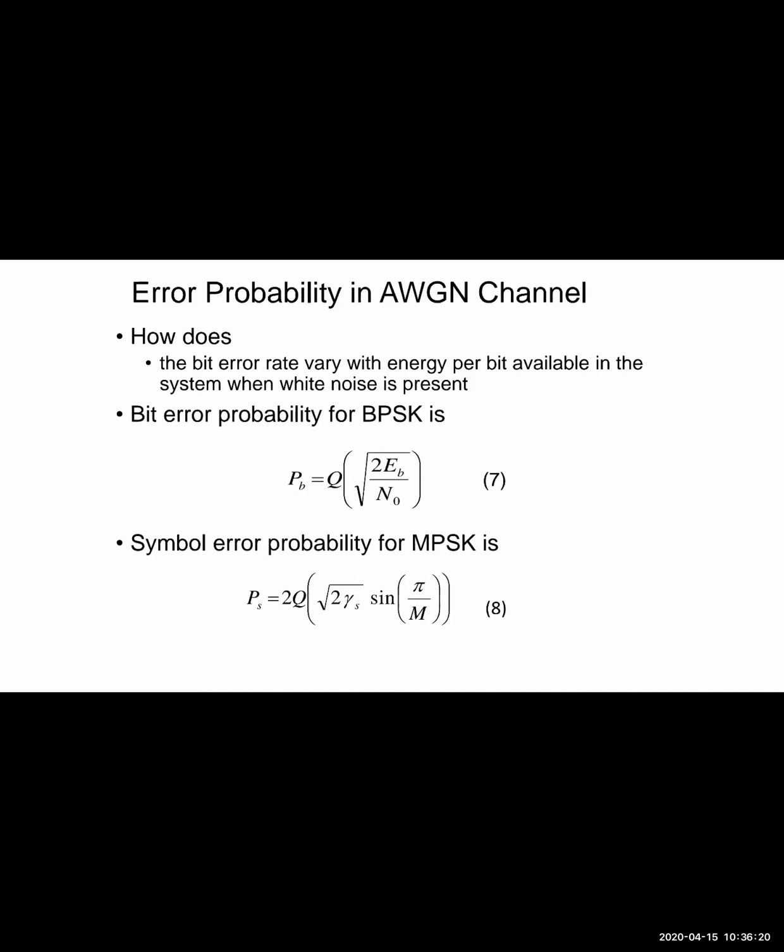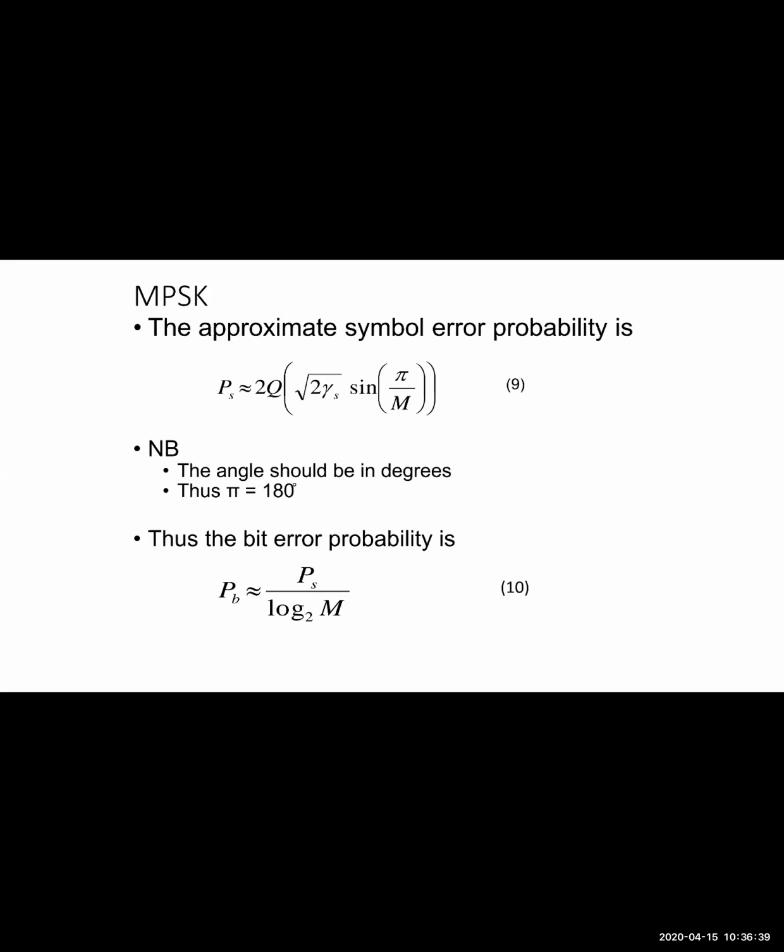Am I clear? Yes, please. Very clear? So at this point, all that you need is to solve an example using equation 8. Now, equation 9 is the same as equation 8.